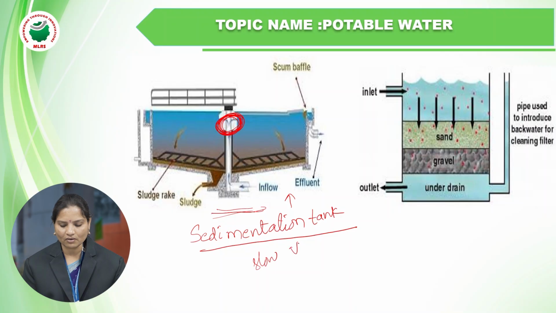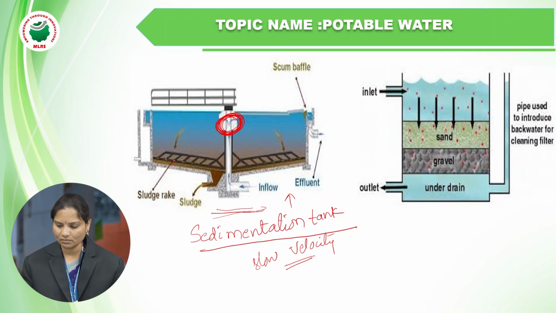When the water is passed into this sedimentation tank, the speed is slow. So the hard water slowly passes through the tank, and the paddle stirrers are rotated, and then the reactions take place. What process goes on in sedimentation? That is what we have to discuss.